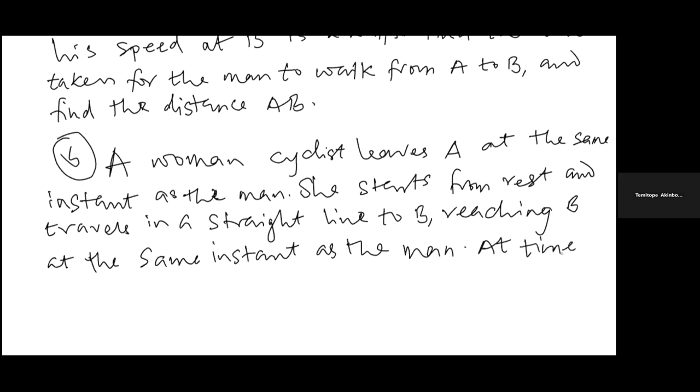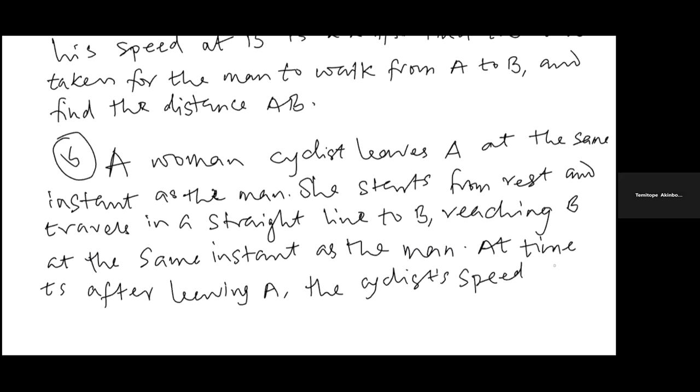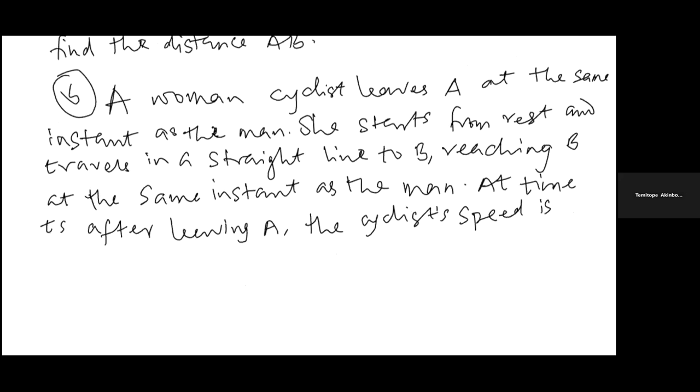At time t seconds after leaving A, the cyclist's speed is K into 200t minus t squared meters per second, where K is a constant.